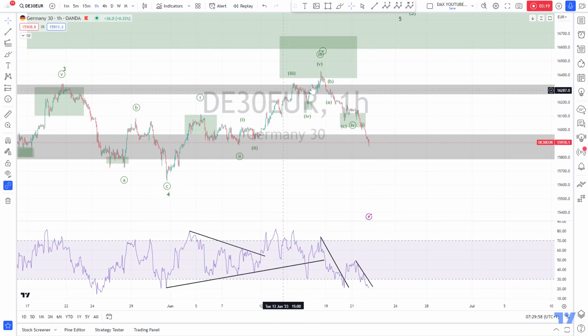So if we analyze this, then this is definitely now a complete wave up, because this cannot be a wave 4 anymore. We retraced too much. We also took out the wave 2 low, indeed.